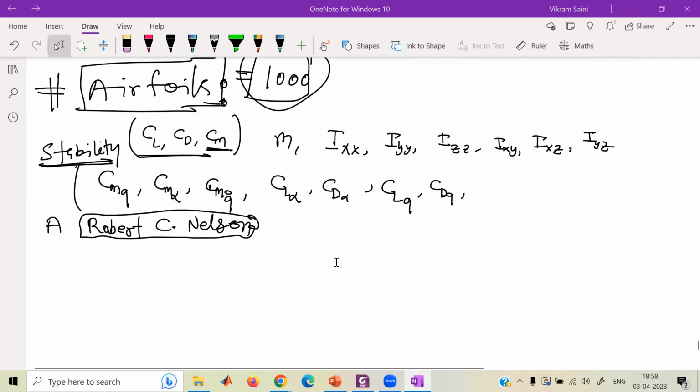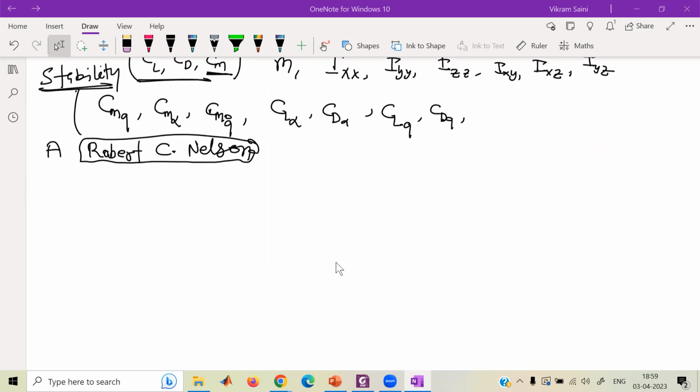Like, I give you the design, the sizing of the aircraft. Now can you estimate mass and inertia and these stability derivatives of the aircraft? And once you know these derivatives, you fly the aircraft in simulations. You perform its 6 degree of freedom simulation. Have you heard these terms, 6 degree of freedom simulation?